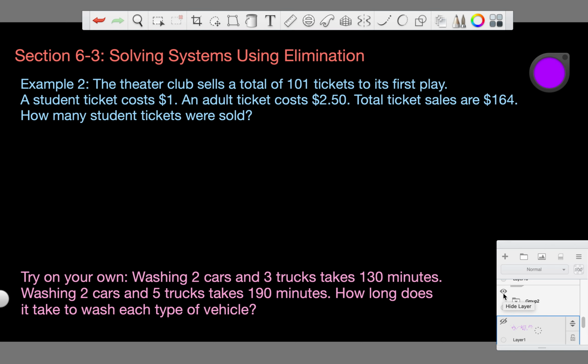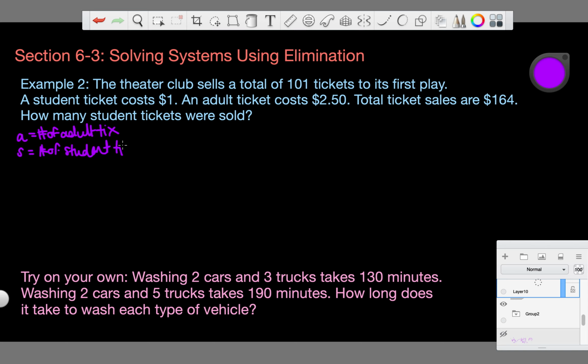How many student tickets were sold? So let's define our variables. Let's say that A is our number of adult tickets, and let's say S is the number of student tickets. We're going to use that information to create our system of equations.